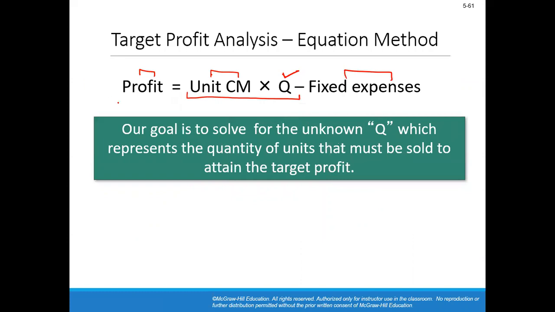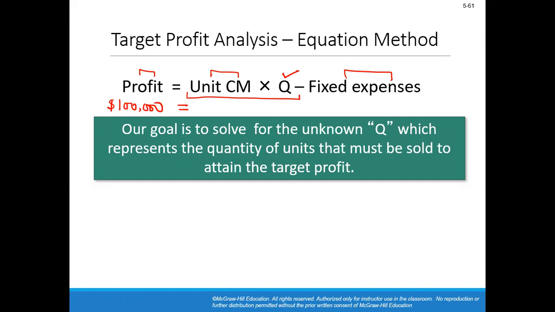If we put $100,000 here, and we know our contribution margin, can you recall it? I'd like to test your memory. What was our contribution margin in the current case? 500 was the selling price.